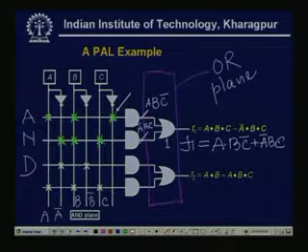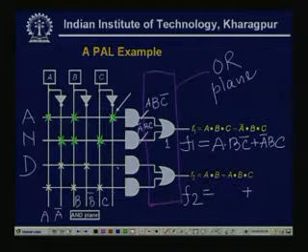Similarly, F2 realizes the OR, that means the sum of the outputs of two AND gates. See the first one, the first input of the first AND gate: this is A bar and this is B bar.